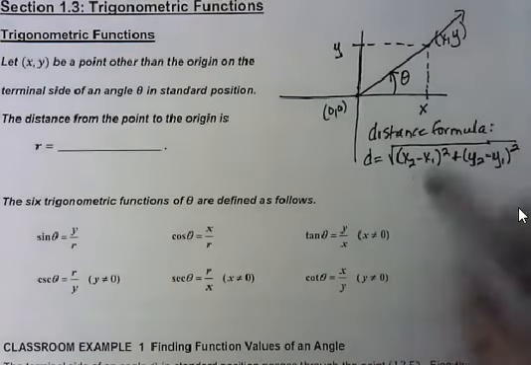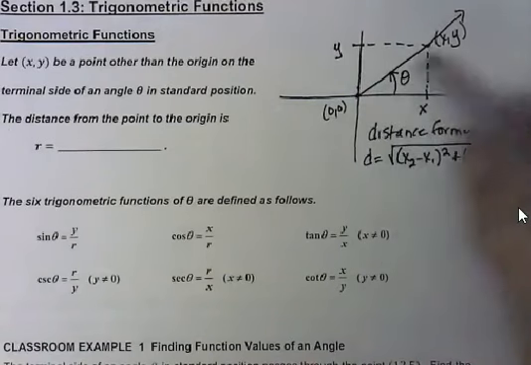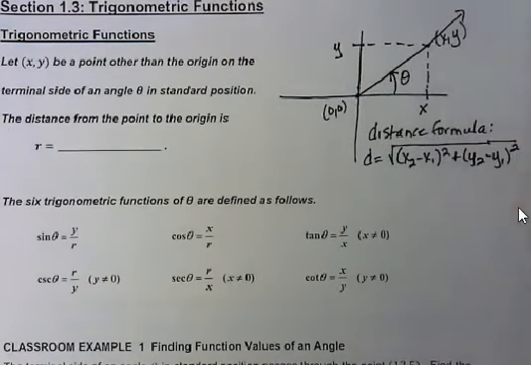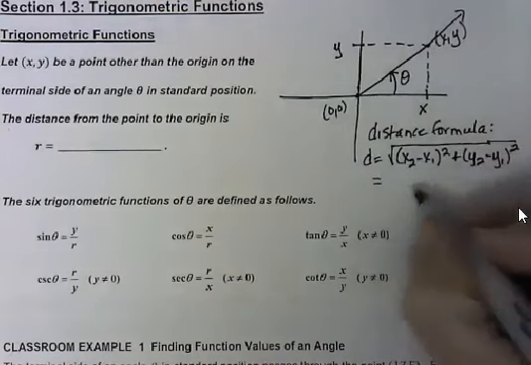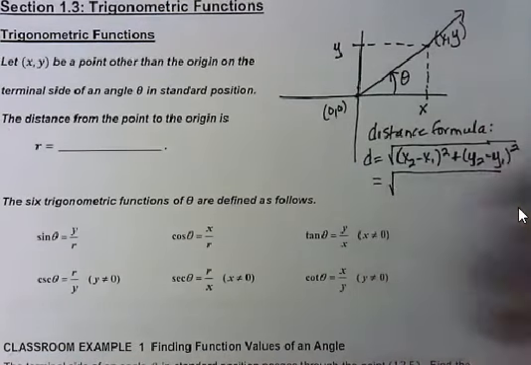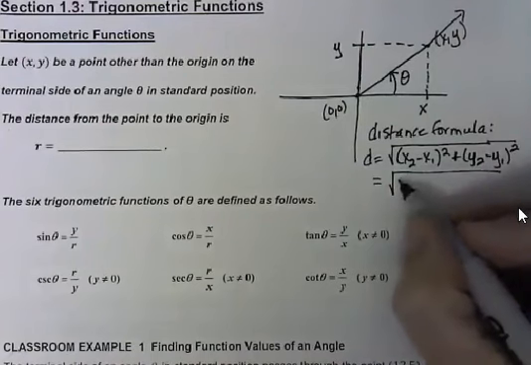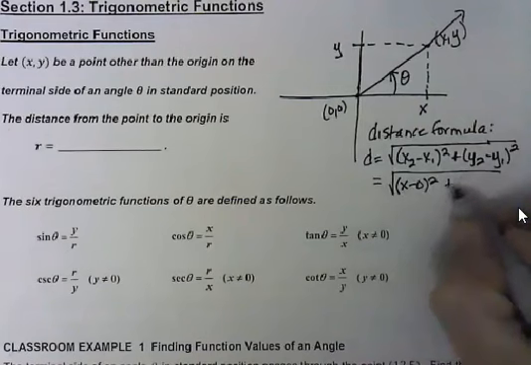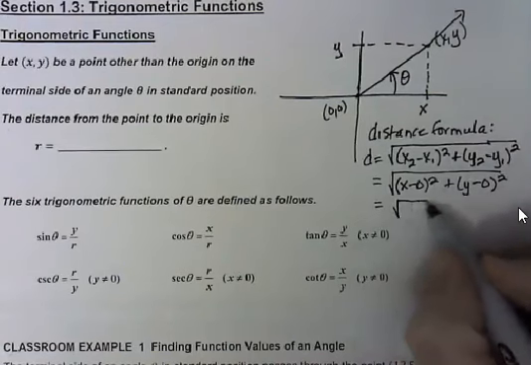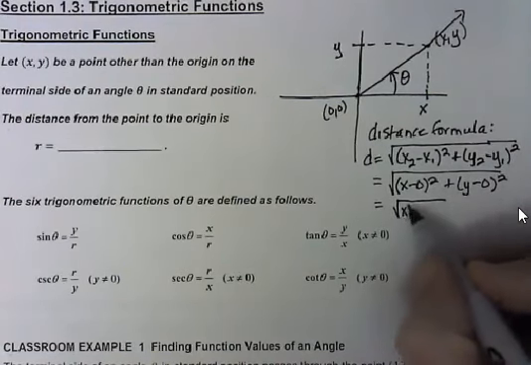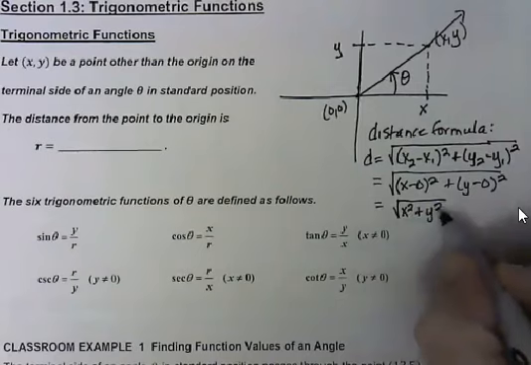So in this case, we want to find the distance from the origin, so the point 0, 0, to the point x, y. So if we plug in those values, here we'd get x minus 0 squared. Here we would get y minus 0 squared. And if we simplify that, we just get the square root of x squared plus y squared.